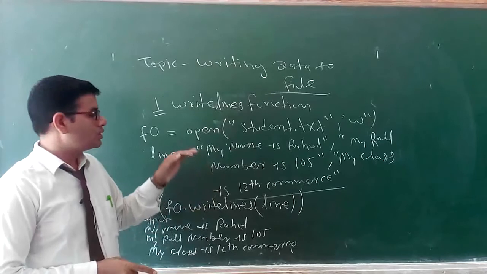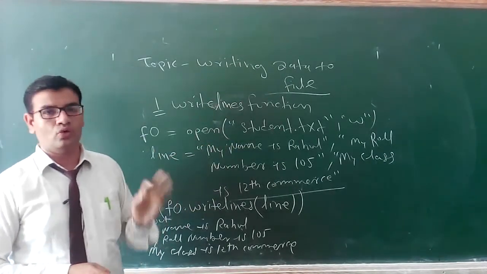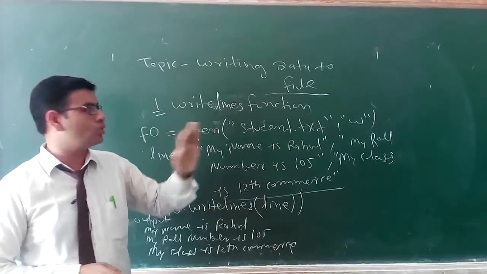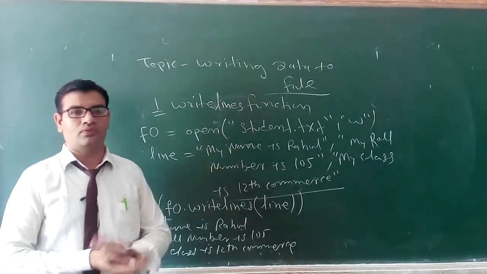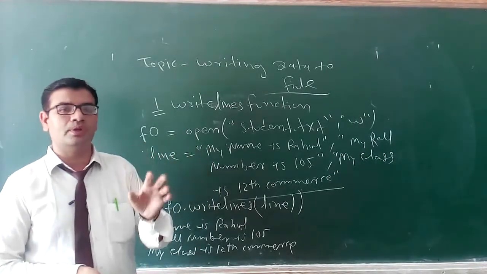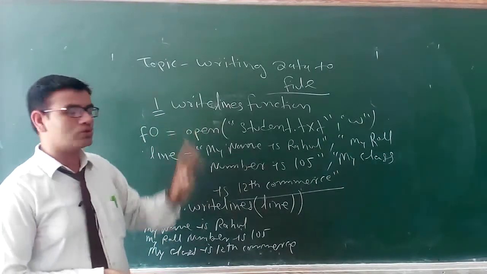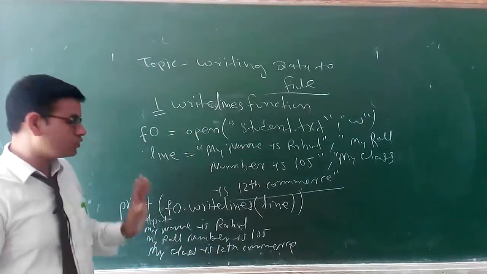Those characters are written, or saved, in the student.txt file. Only that number of characters will be displayed on the output screen in the case of the write function, while the writelines function will display the total number of lines.